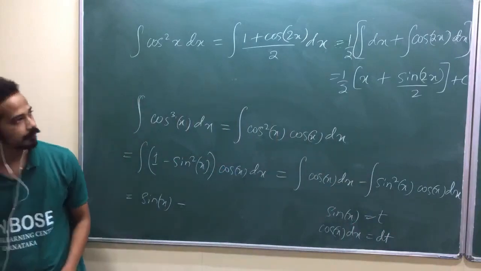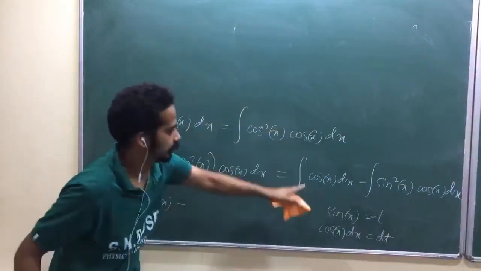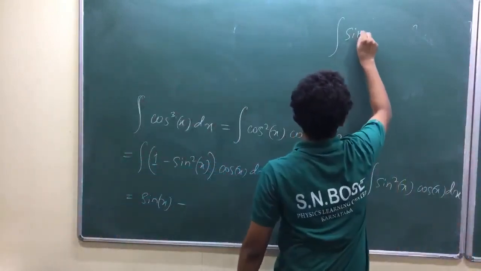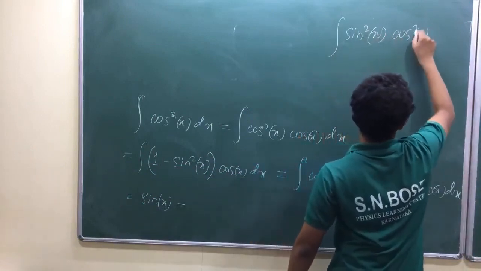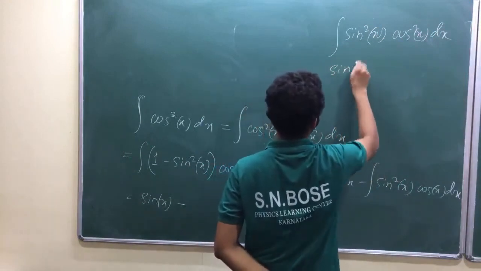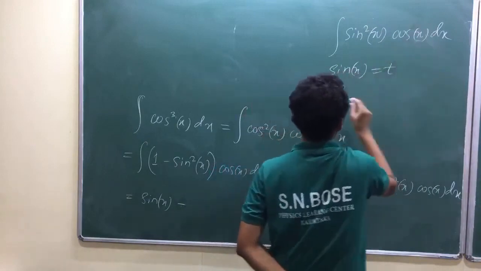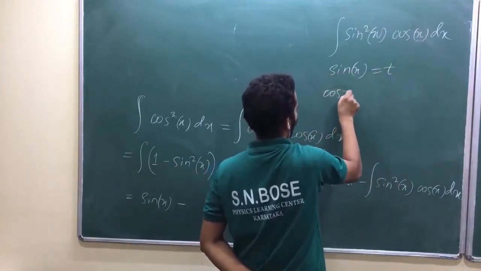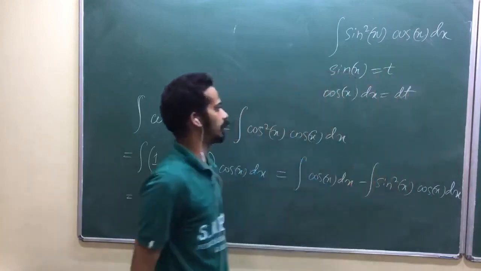I'm just trying to do only this part, okay? Integral of sin square x into cos x dx. If you put sin x is equal to t, then if you differentiate this, cos x into dx is equal to dt. After some practice you can write it directly.